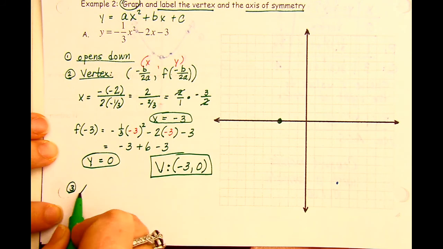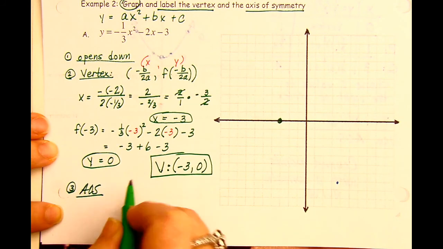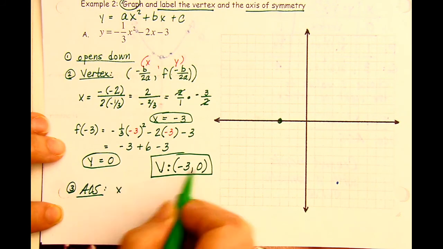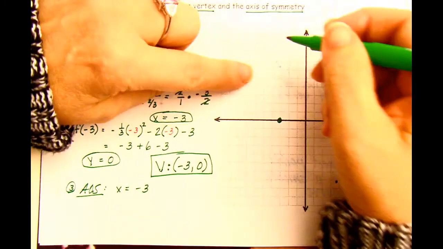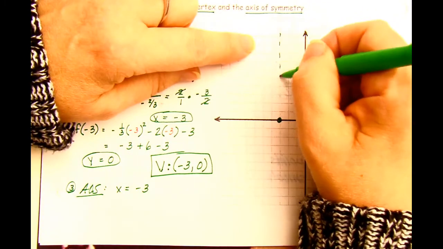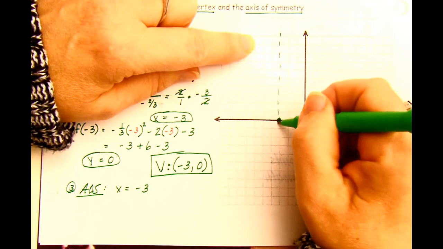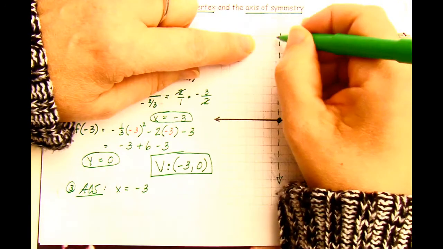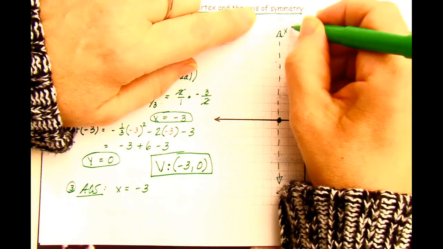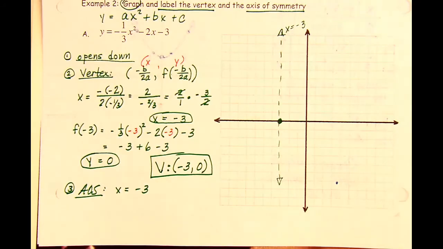I need my AOS. AOS is the equation x equals negative 3. So I'm going to draw my vertical line, my axis of symmetry. I'm going to label it x equals negative 3.